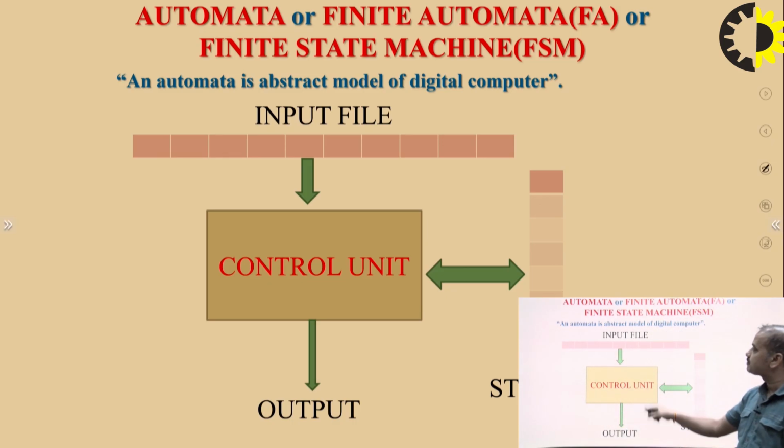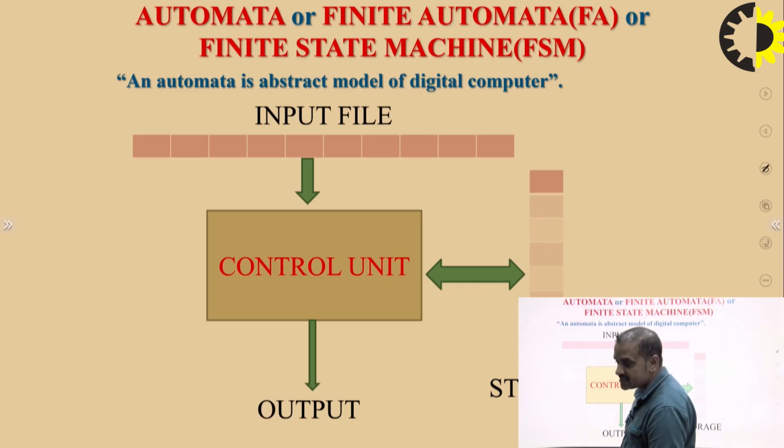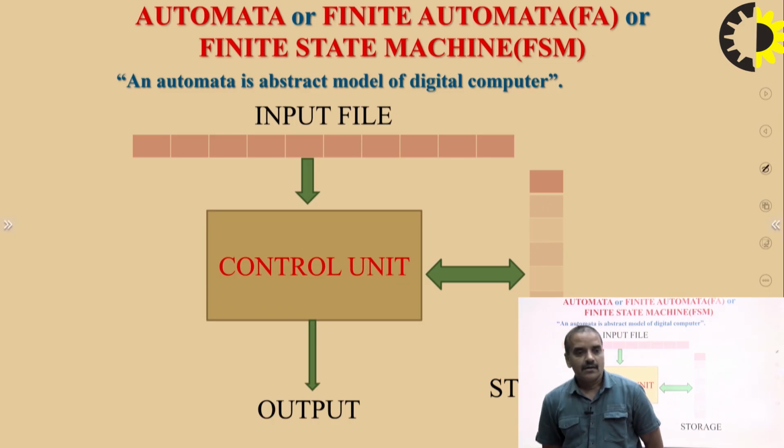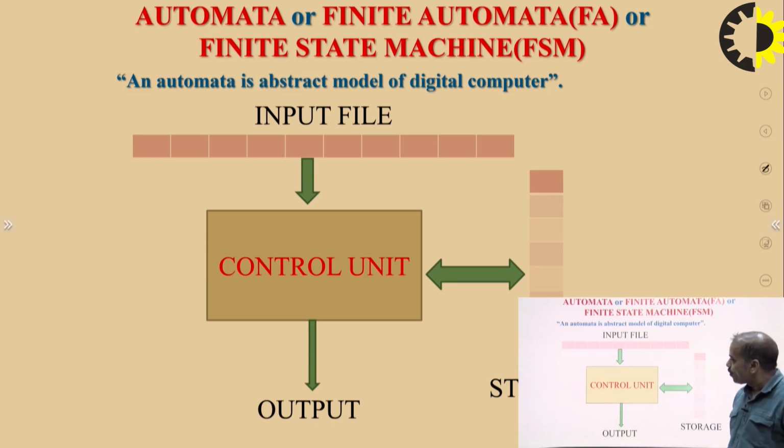This is the abstract model of a digital computer, and this is called automata, which was discussed in the previous slides or previous recording. Automata is the abstract model of a digital computer. So we have to show here a digital form of automata. There are four components in automata. The first one is the input tape, the second one is the control unit, and the control unit is connected with storage by a bidirectional connection.